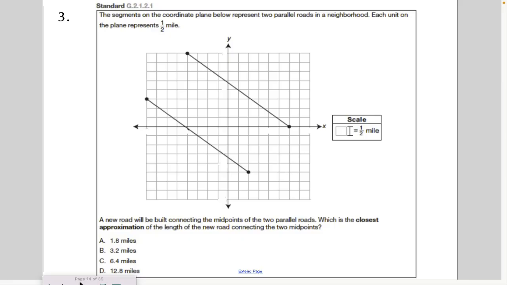Be ready to show me a little bit of reasoning on this multiple choice one, because I do want to know where your answers are coming from. Enough said. Thank you.